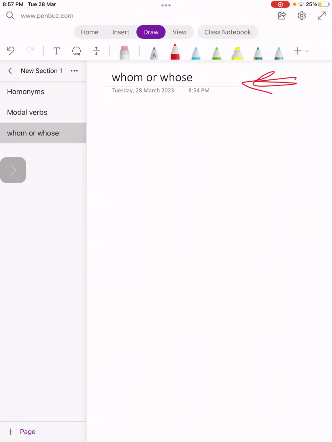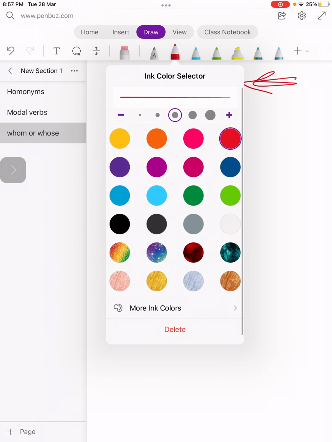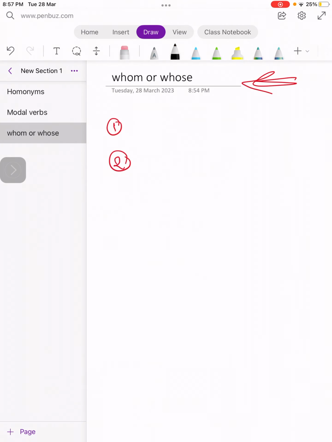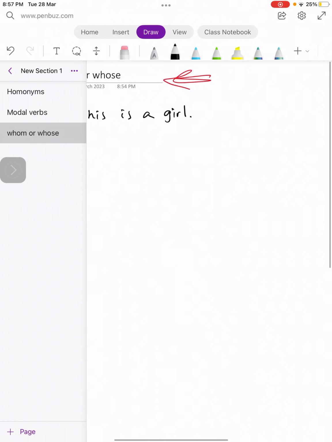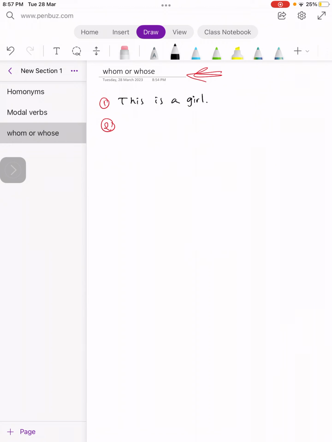Of course, they're not the same, they are different, and I'm going to explain how they are different. So I'm going to write two sentences and then I'm going to make them into one sentence using one of these words. So this is a girl, and then I write another sentence.